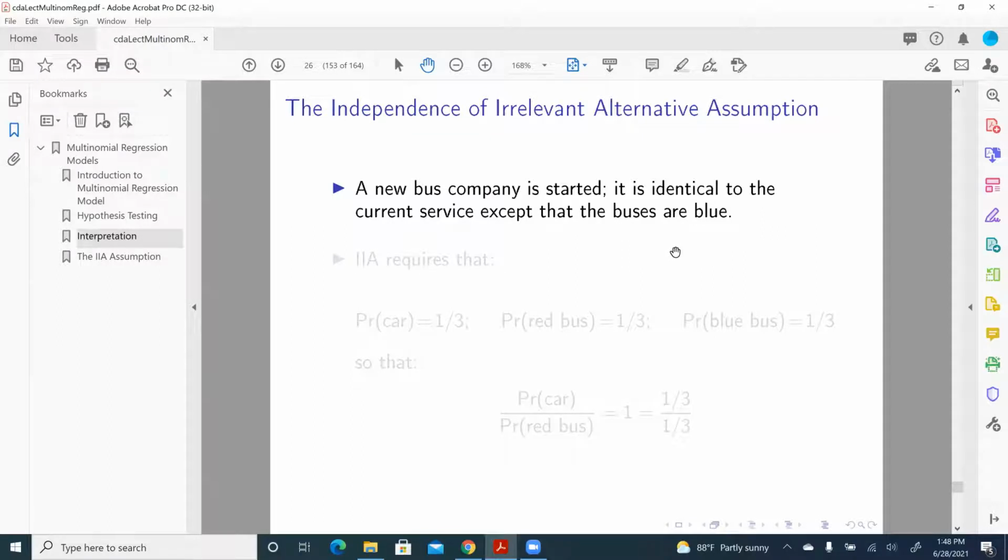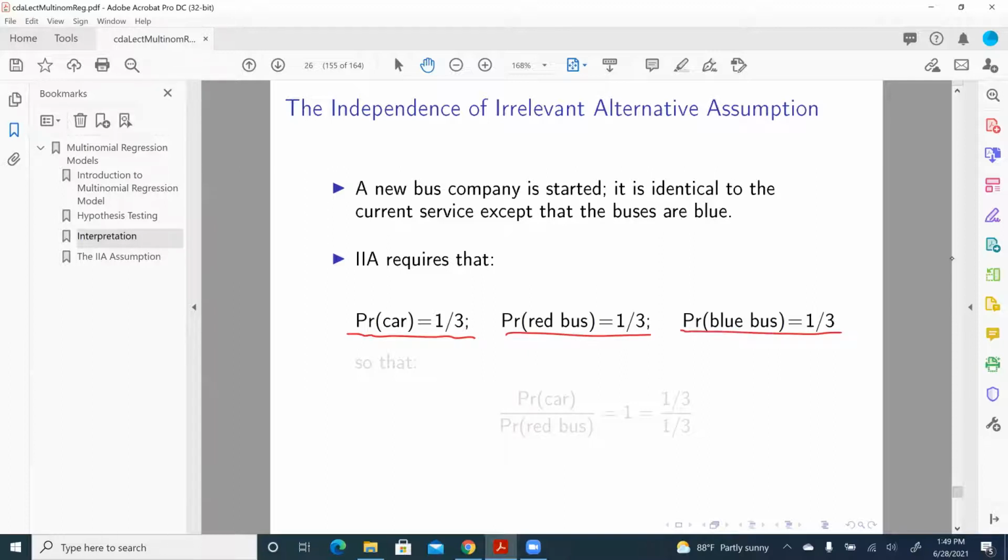For the IIA assumption to hold, it requires that the probability of choosing car is 1/3, red bus is 1/3, and blue bus is 1/3. Why? Because the odds of choosing car versus red bus is still 1, that is 1/3 over 1/3.